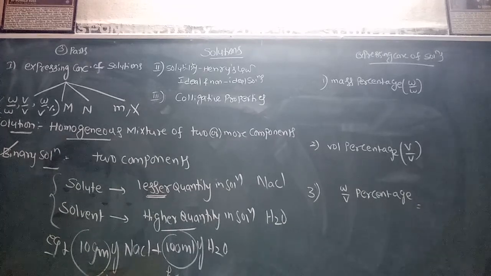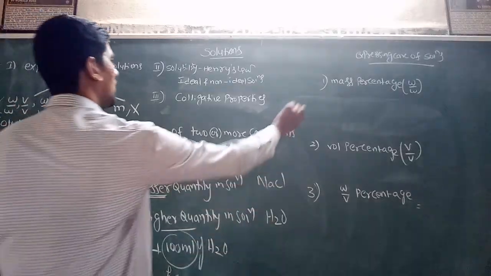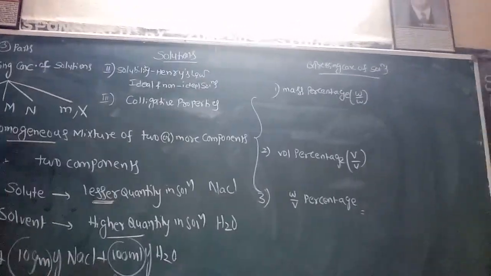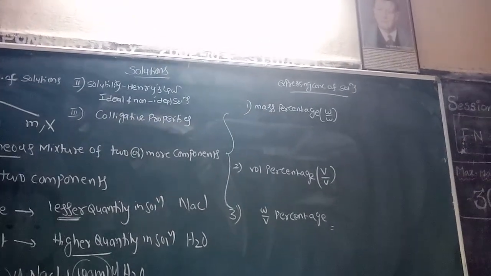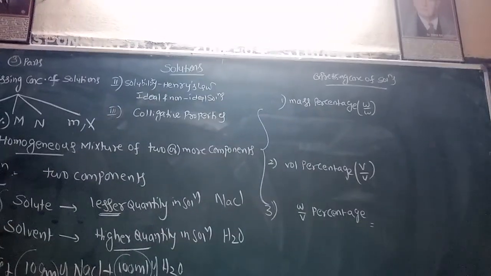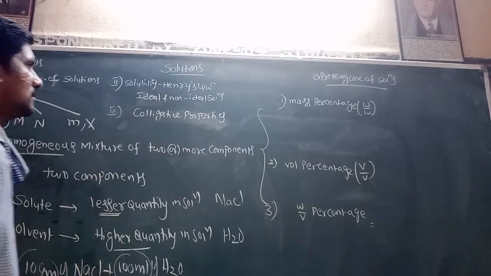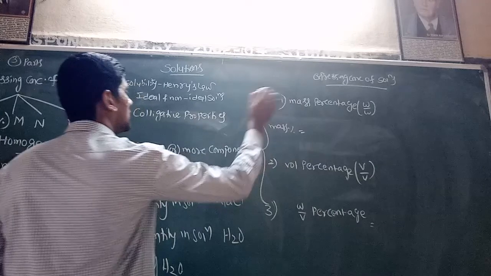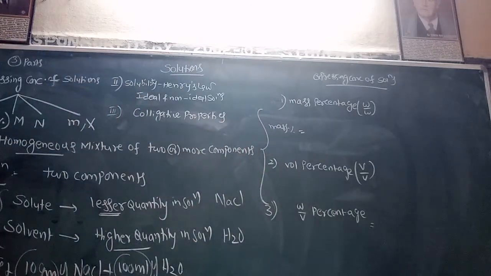Then coming to expressing concentration of solutions. The first type is mass percentage, volume percentage, and weight by volume percentage. Mass percentage. What is mass percentage? Mass percentage is defined as the mass of a component present in the total mass of solution.